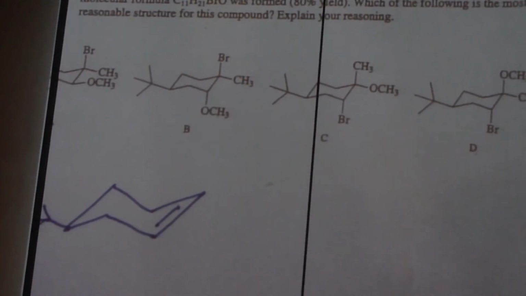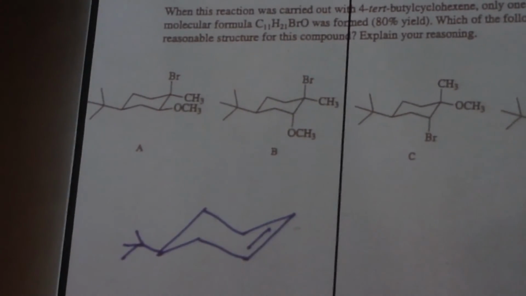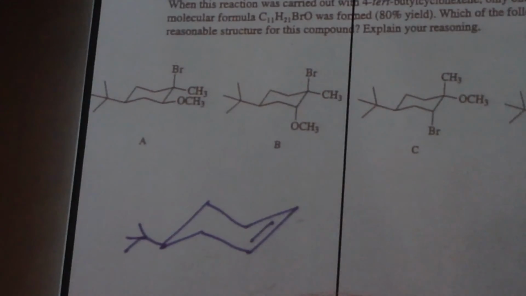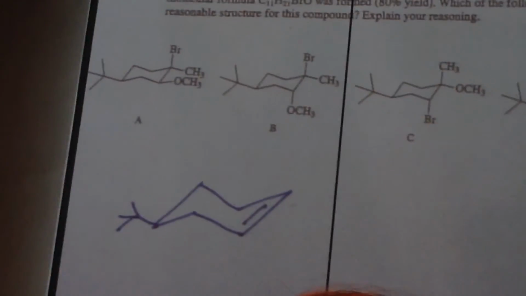So they're asking you how they would be added to this. Because it's a cyclohexene, it doesn't really maintain a clear chair form. Nevertheless, it's easier to draw it this way. So you can see the product form.